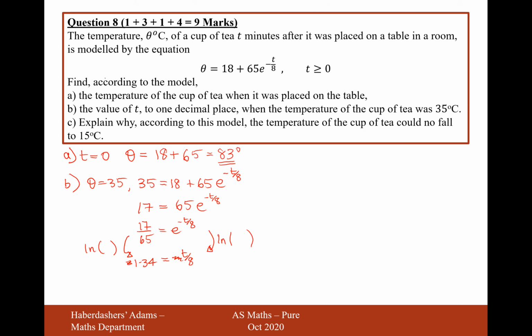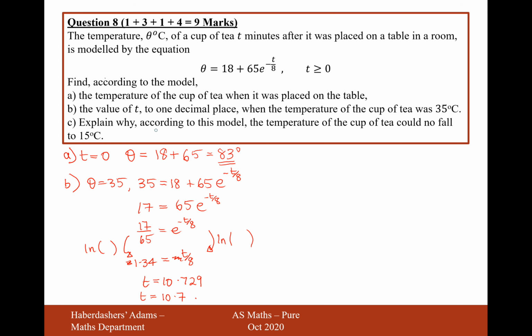That will get rid of the negative as well, so t equals 10.729 to one decimal place, so it's going to be t = 10.7.